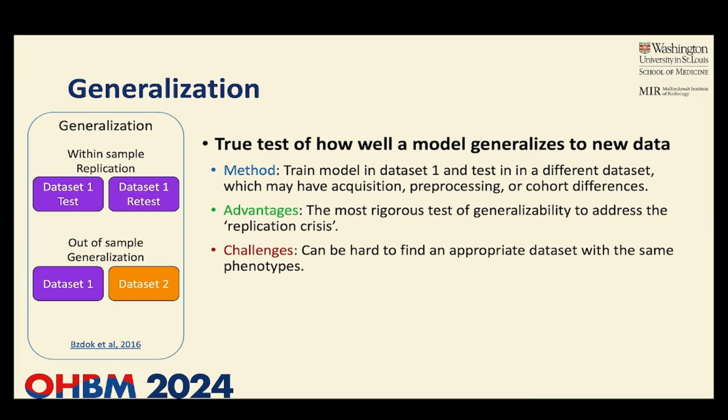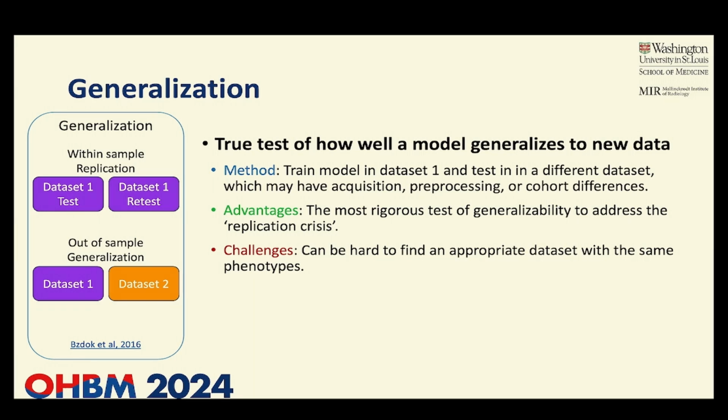And then the last, and maybe the thing that we should all really aspire to, is true generalization. So here the idea is you train your model in one data set and you apply it to a different data set with fixed parameters, without doing the retraining or the tweaking that we've done before. And so this is, I think, what we all aspire to.